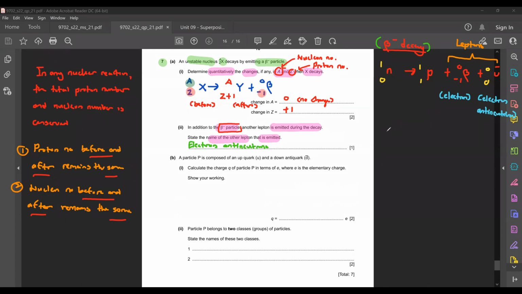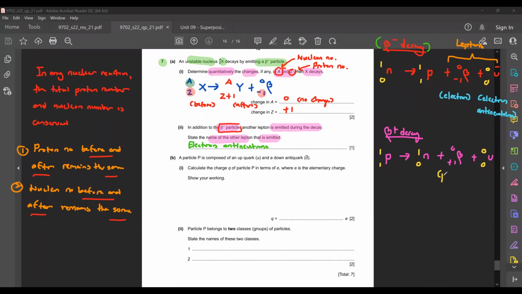So if you're talking about beta plus decay, it's actually proton changing to neutron, giving you your beta plus and your electron neutrino. Okay, so again, if I write down the proton number and nucleon number, this one is 1, 1, 0, 1, 0, 0.